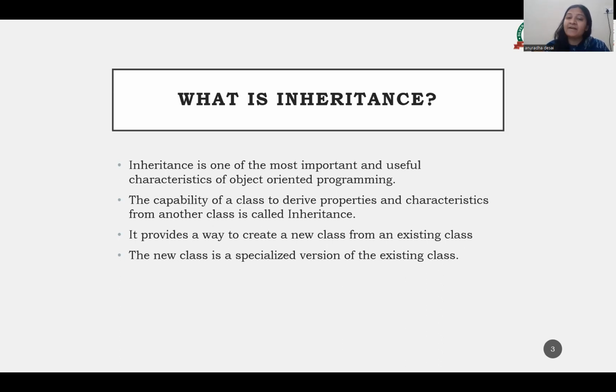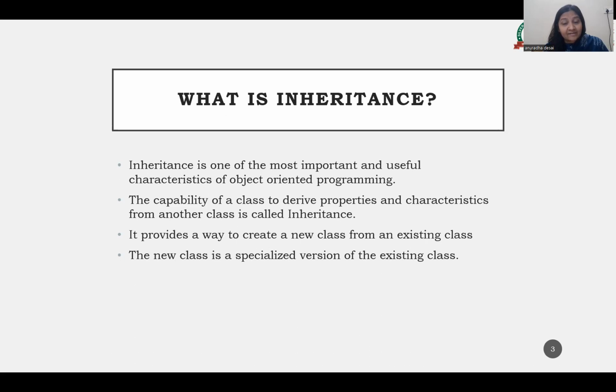So the derived class is said to be inherited from the base class. When we say a derived class inherits the base class, it means the derived class inherits all the properties of the base class without changing them, and may add new features of its own.